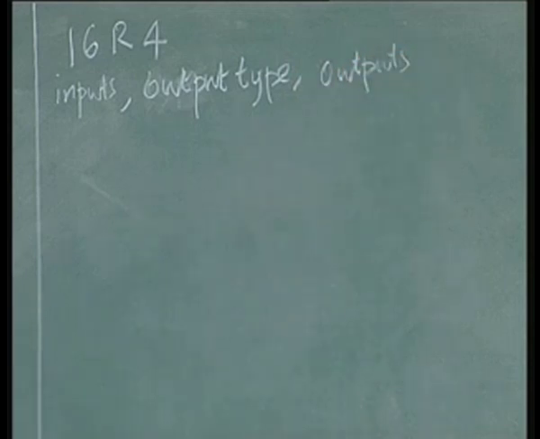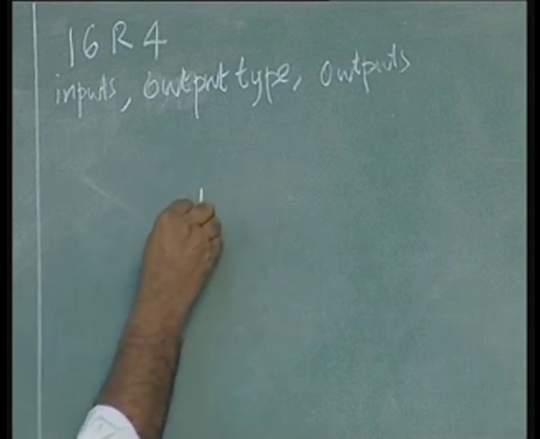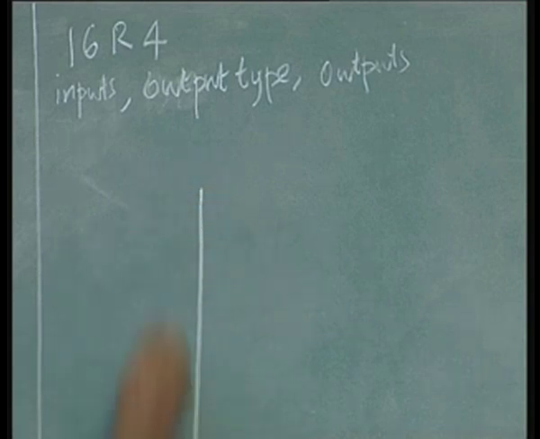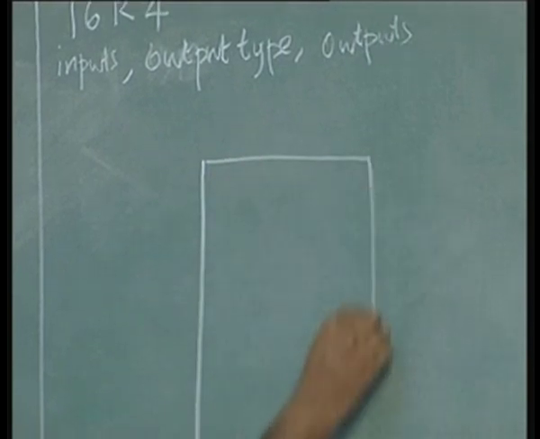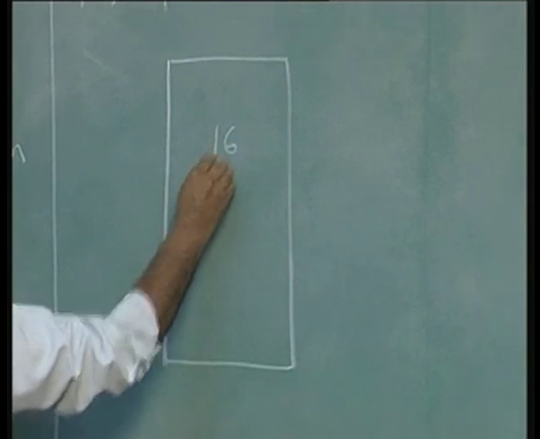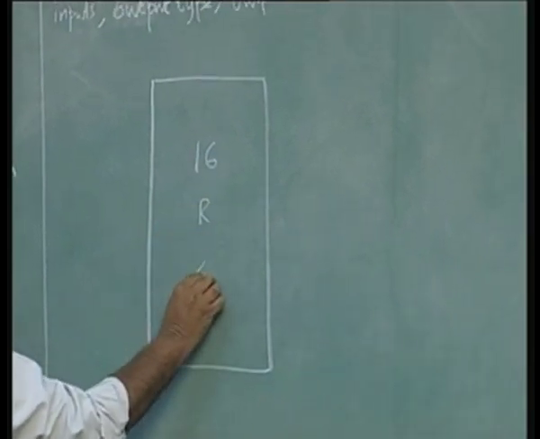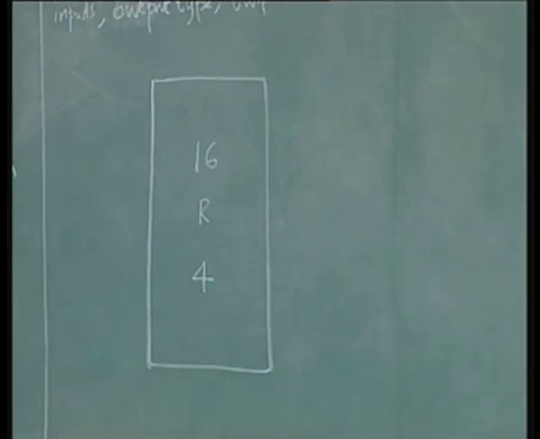So in this case, I am not going to draw this as a structure, I am going to draw it as a block. This is my 16R4. It's a 20-pin device.